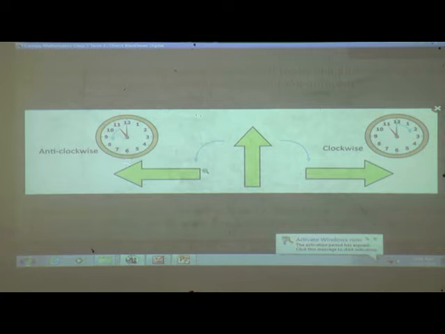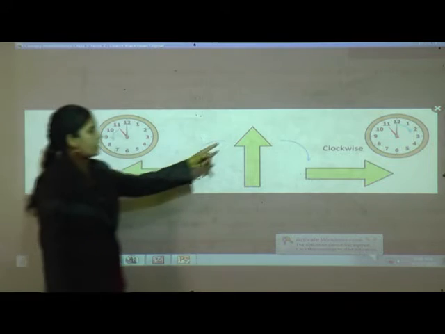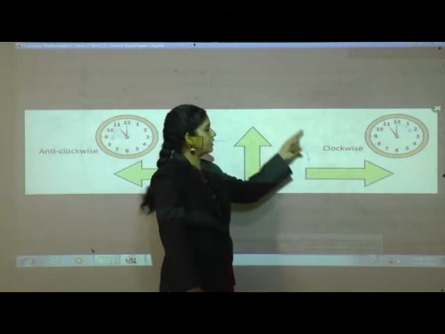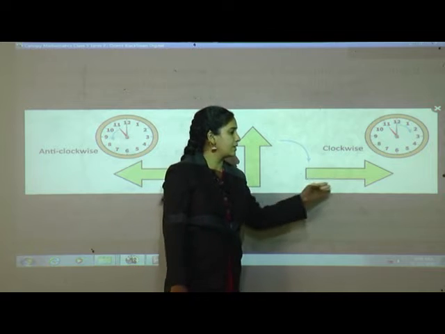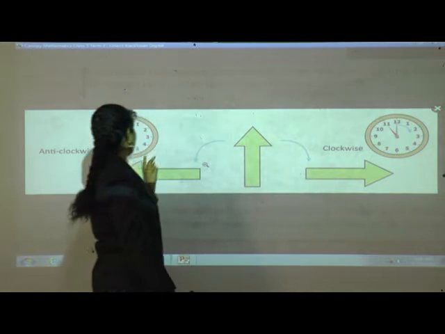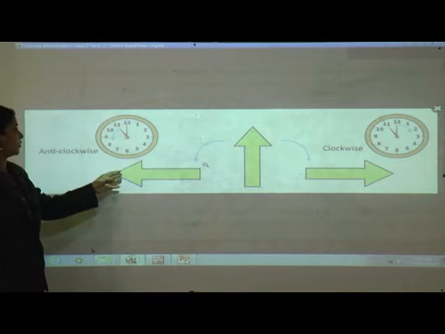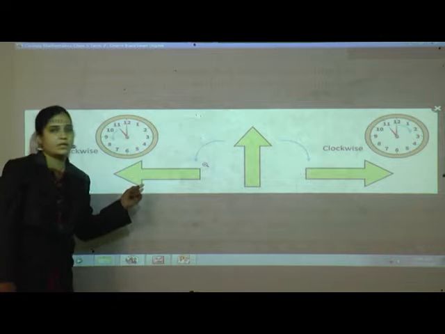Does it look different? Yes. This is an arrow. If we turn it clockwise by a quarter turn, it will look like this, or if we turn it anti-clockwise by a quarter turn, it will look like this.